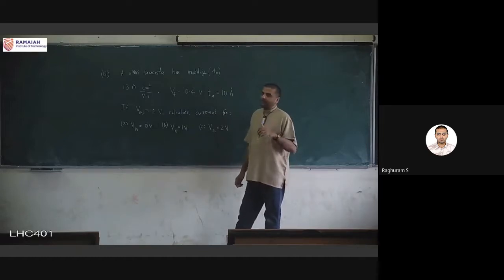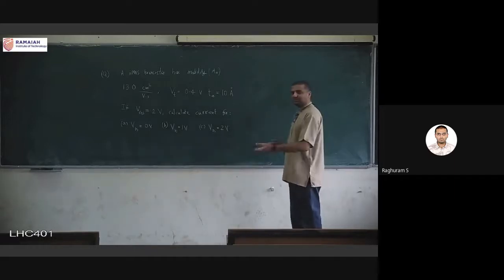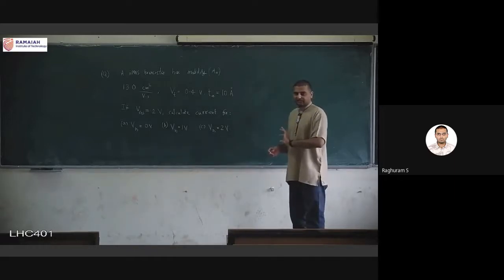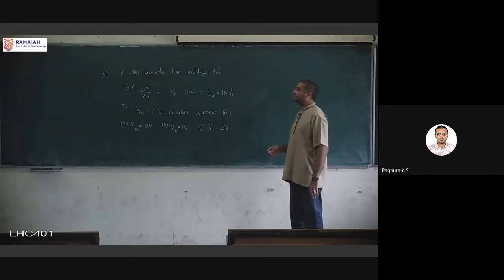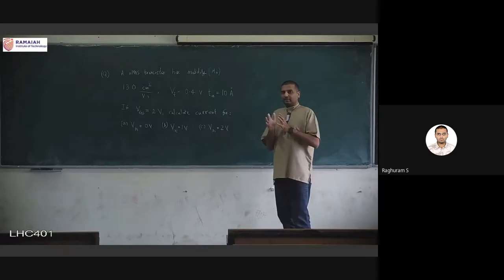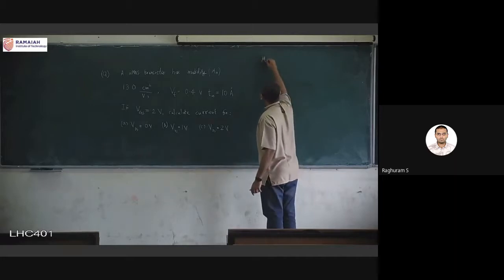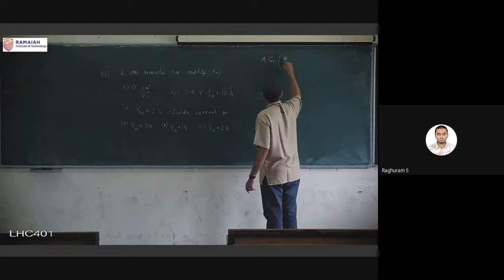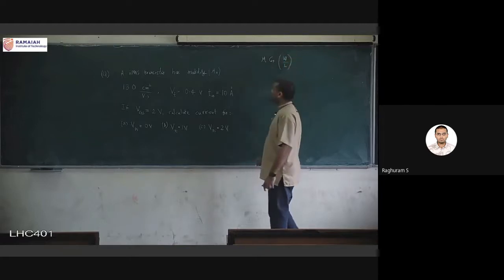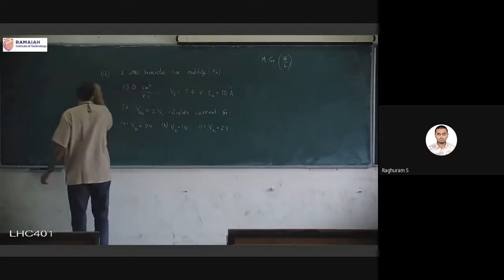One thing, there are some physical parameters, and there are some electrical. Generally we will try to group all the physical parameters and keep the value fixed. So for example, in this case, mu into C oxide into W by L. I see W by L is not there, so let us add that here.